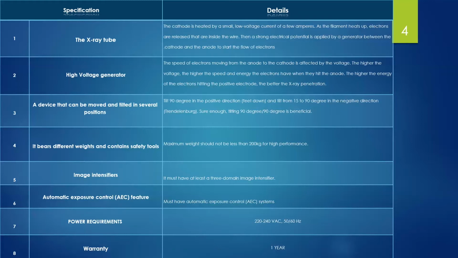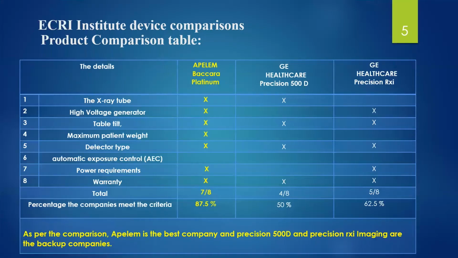Next we have the product comparison table. As we can see here, we have a table that shows the comparison between several companies that we can get our device from. On the left side, we can see the parts that we rated for each company.